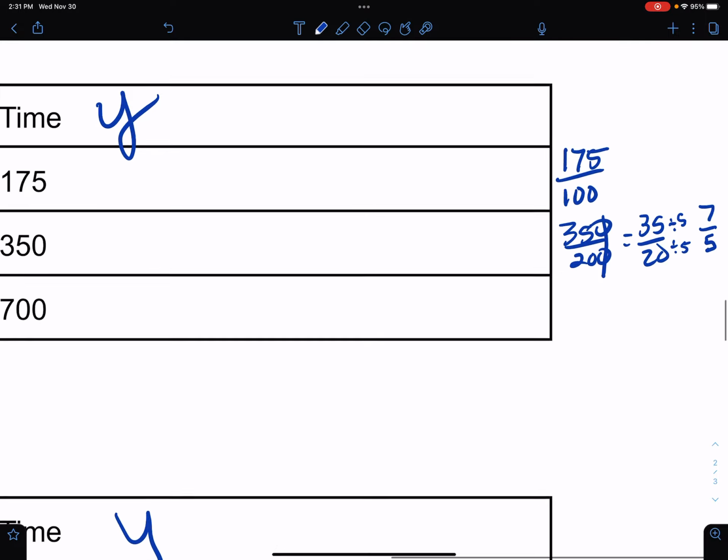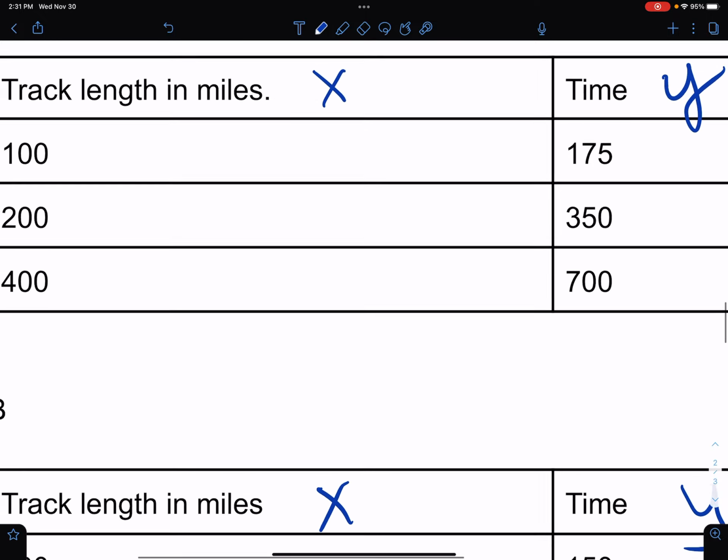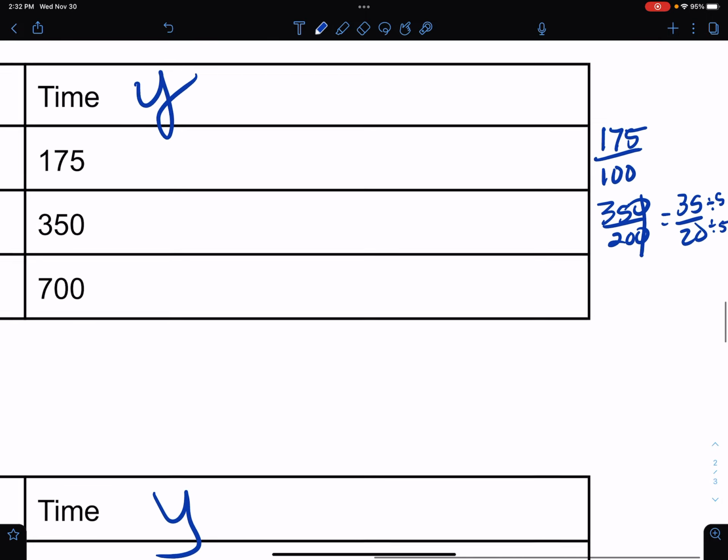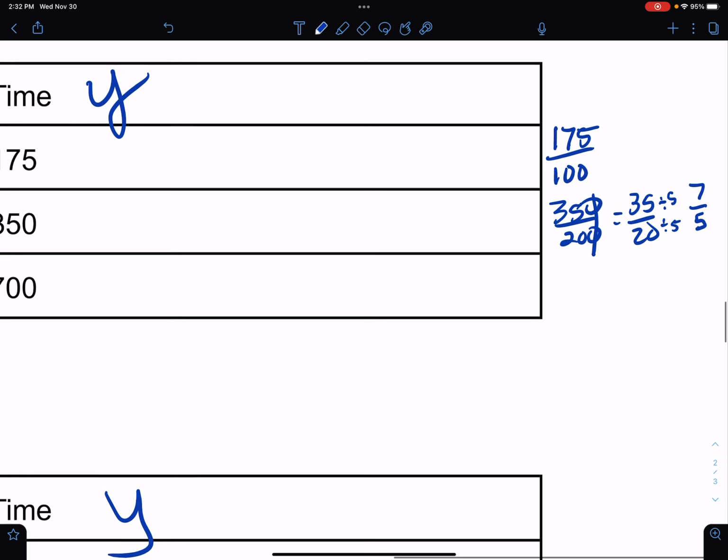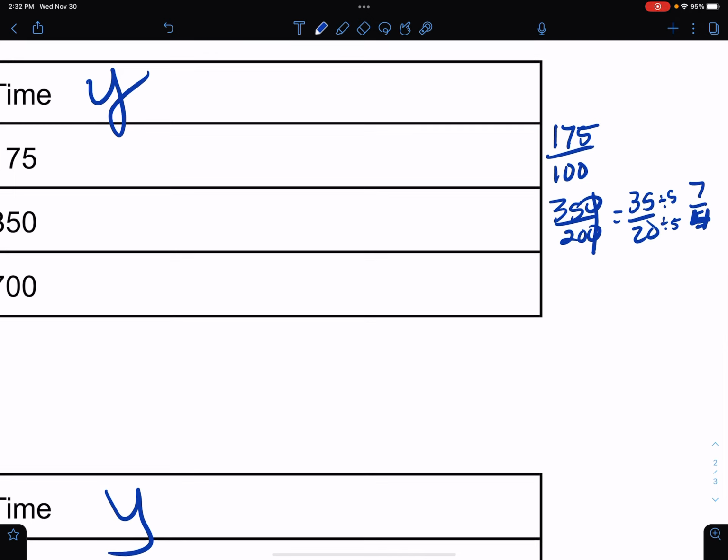Okay, now let's check our other numbers. 20 divided by 5 is 4. And the last one is 700 over 400. Well, guess what? If I divide them both by 100, or since they both have zeros, I can cancel them out, it equals 7 over 4.